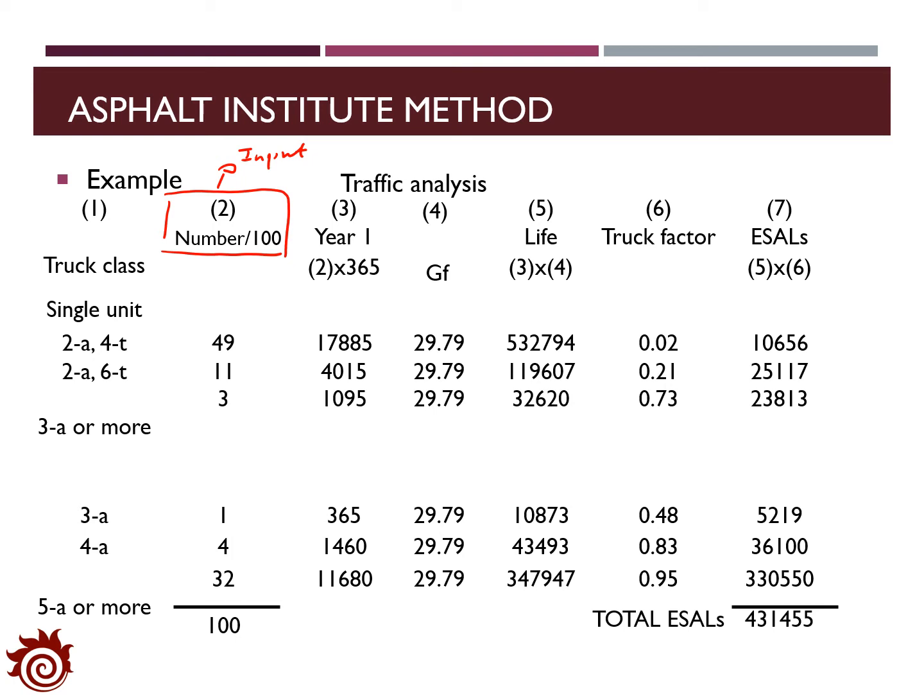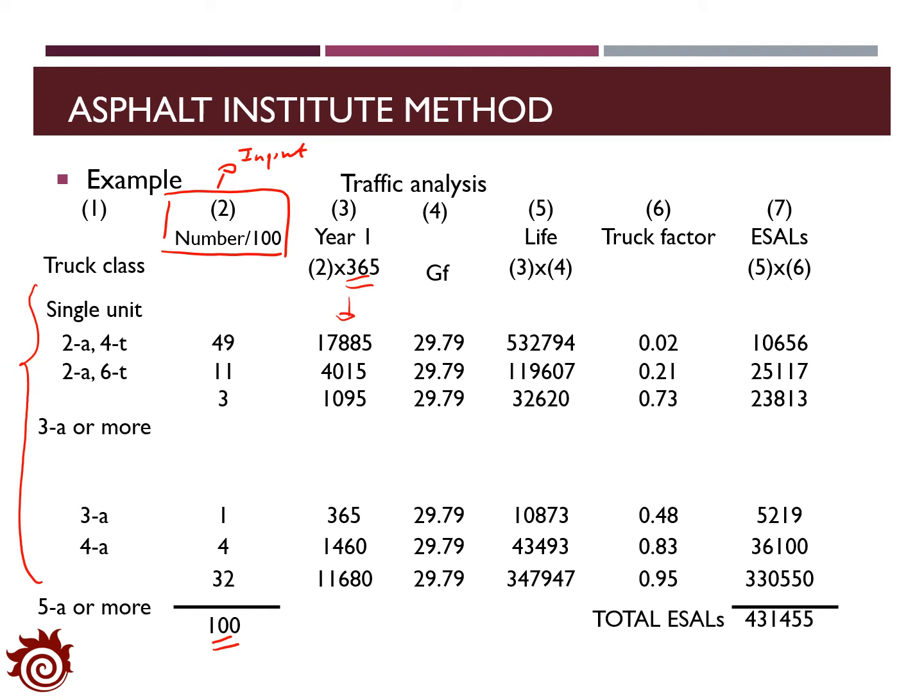And then we can use this information to calculate the total ESAL for the designed lane. The table here shows the truck traffic for different classes of the trucks, and the total daily truck traffic for the design lane is 100. We can then find out the annual truck traffic for the design lane by using column 2 times 365 days, which will be the annual traffic.